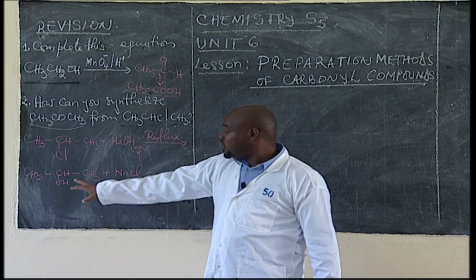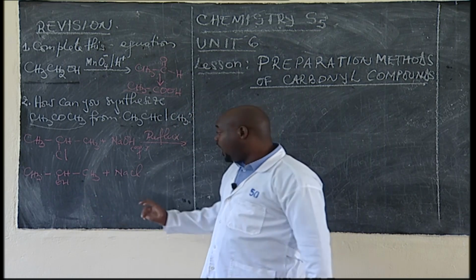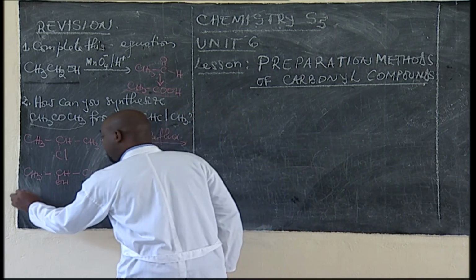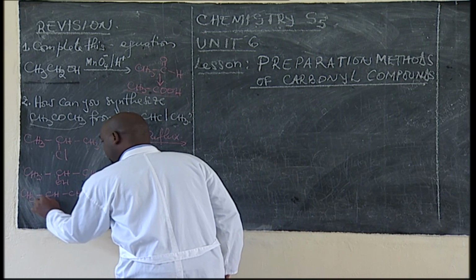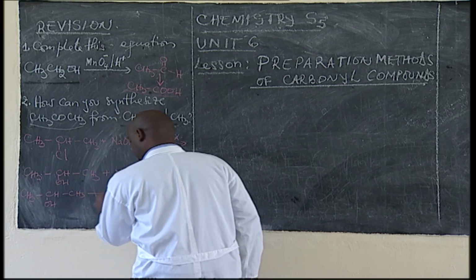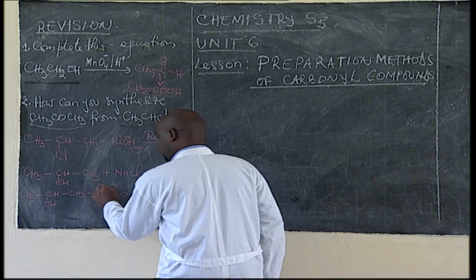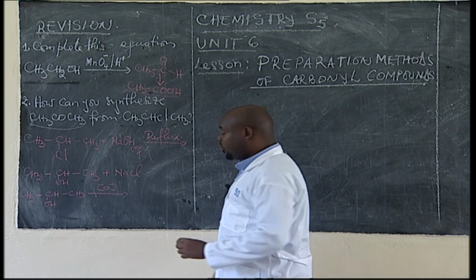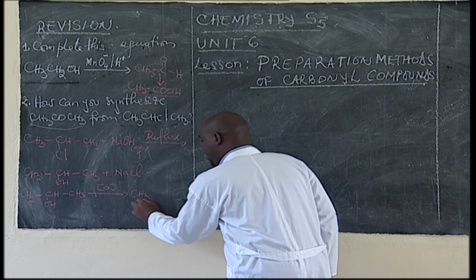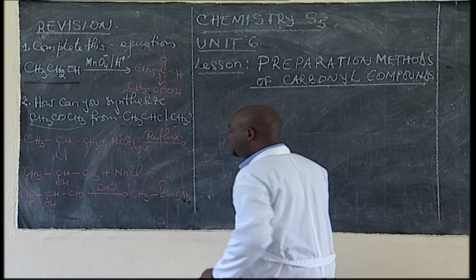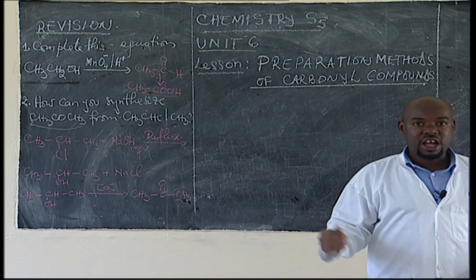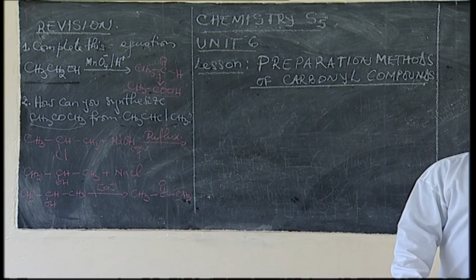Now we have our secondary alcohol, and the secondary alcohol can be oxidized to produce the ketone we wanted. So this is one way of preparing that ketone using 2 steps.